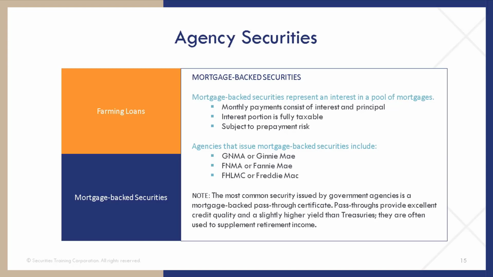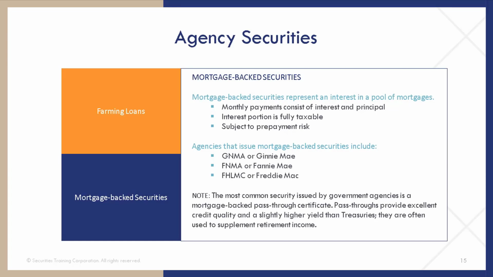That servicing bank keeps a fee for servicing the loan and forwards the remainder to the pool. What will the pool do? Well, if you bought into that pool, you will receive monthly payments from that mortgage-backed pass-through. And if you've ever made mortgage payments, what does each payment represent? Interest and principal. So what they're doing is basically passing through the mortgage payments that the homeowners are making.